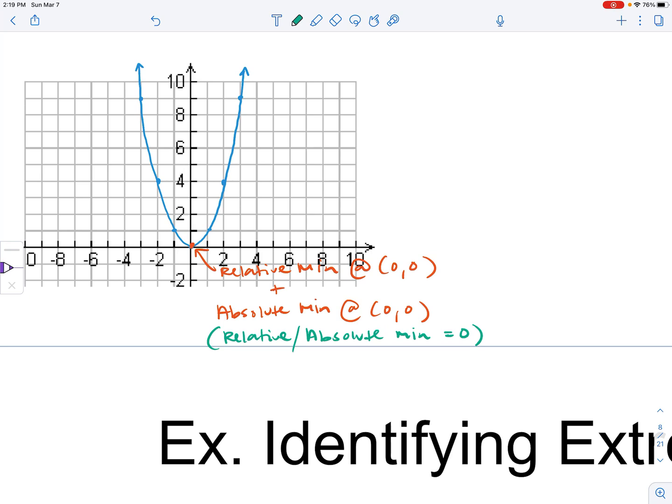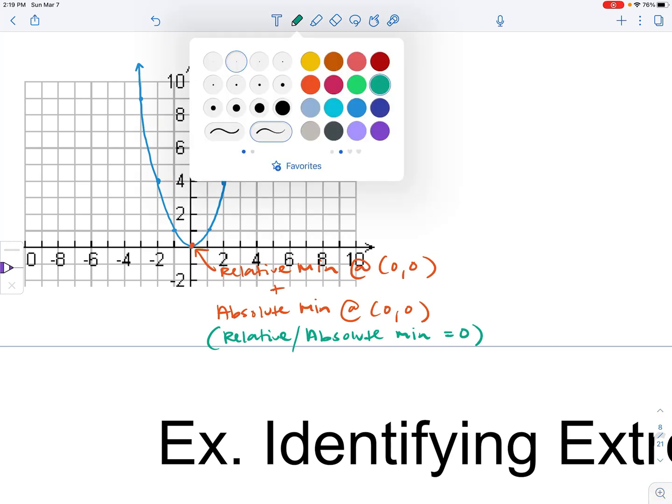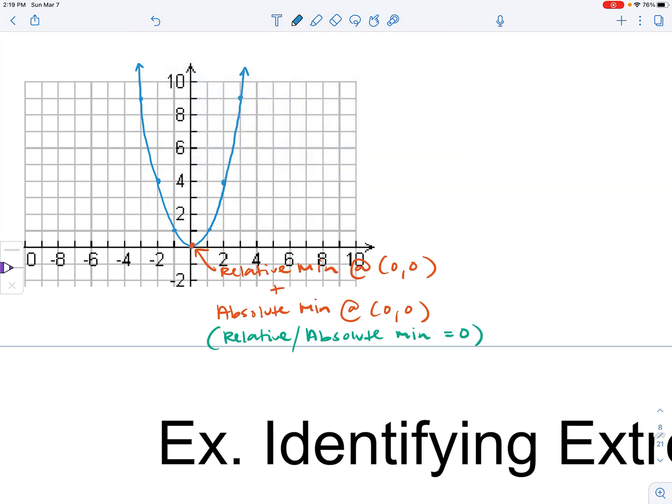The graph, as x approaches negative infinity, is going to positive infinity. As x approaches positive infinity, the graph is also going to positive infinity. So the values will just keep getting larger and larger and larger. You would not say that the absolute maximum is infinity. That's not a finite number. Okay, so there is no relative or absolute max.